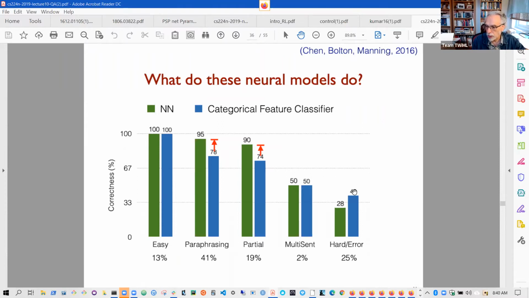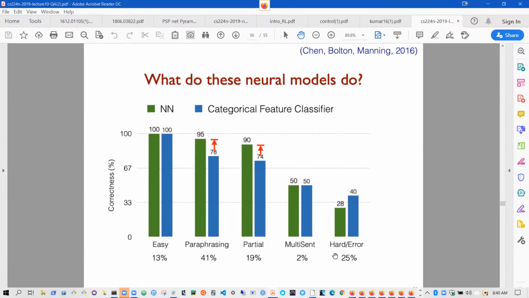So I guess we're talking about a case where the passage doesn't provide a complete answer to the question, but it provides some kind of related information. It would be better to have the actual definition of all these things. Multi-sentence, I guess that means when the answer has more than one sentence in it, but they're doing equivalently. And then, as you pointed out, it would be really interesting to understand what hard error means.